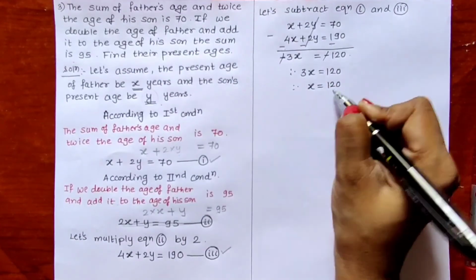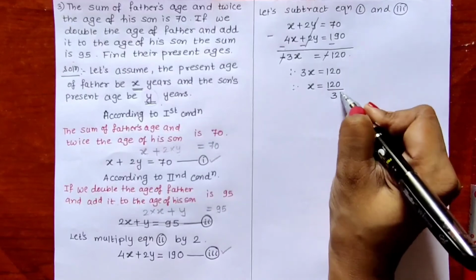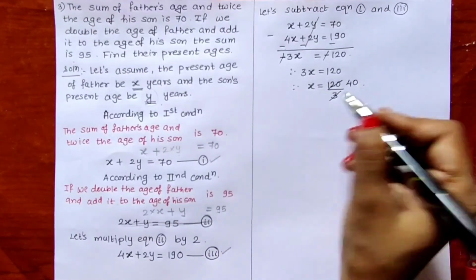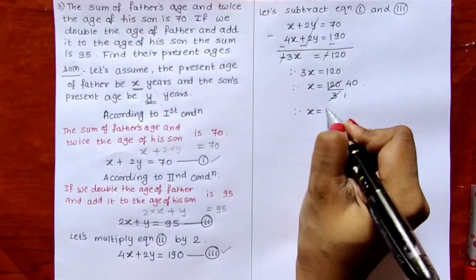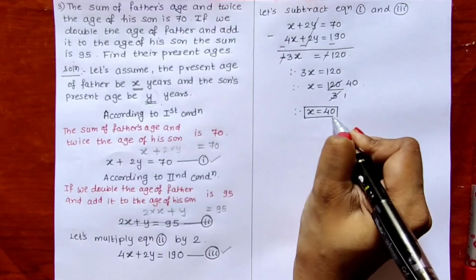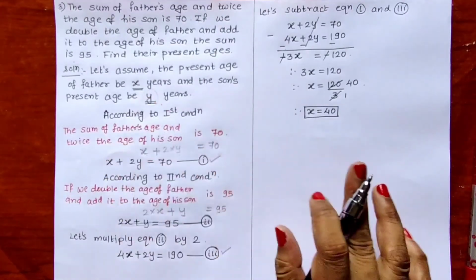This 3 transfer, it becomes divide by 3, 3 ones are 3, 3 fours are 12, 3 zeros are 0, x value we have got 40 and x we have taken as father's present age. So father's present age we have got 40 years.